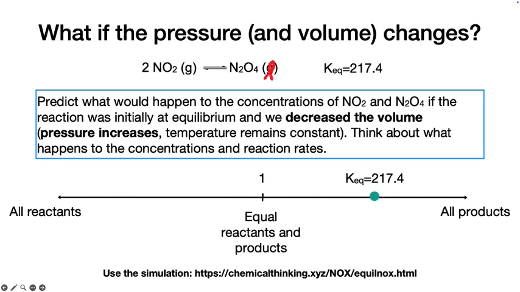No, the liquid's not going to care. What's going to care? The gas. So if I decrease the volume, the gas is now frequently bumping into each other. We increase the rate of collisions, faster rate, I form liquid. Make sense?